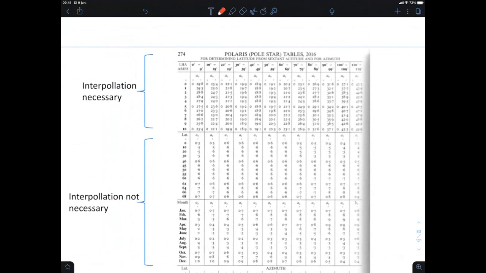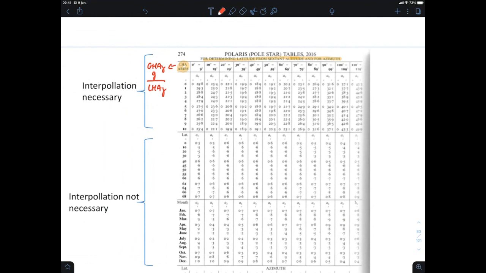So these are the correction tables used for determining latitude with your sextant altitude from Polaris. The first table is in function of the LHA of Aries that we get from the nautical almanac. We know the GHA, we apply our longitude, and this gives us our LHA of Aries at the time of the observation.